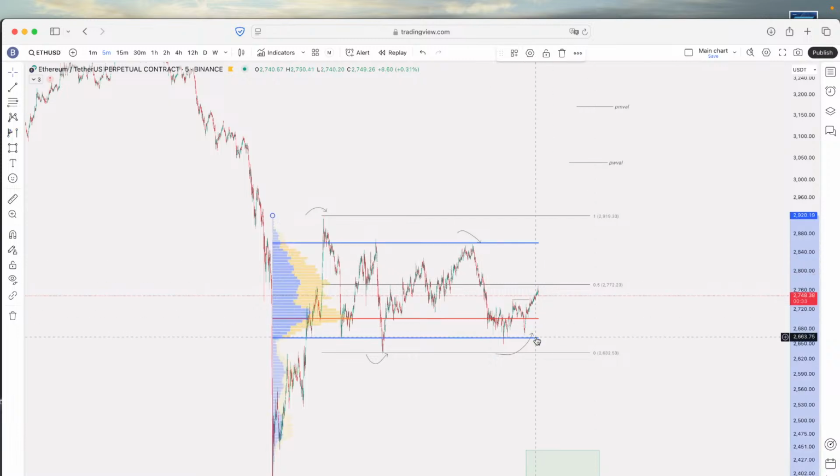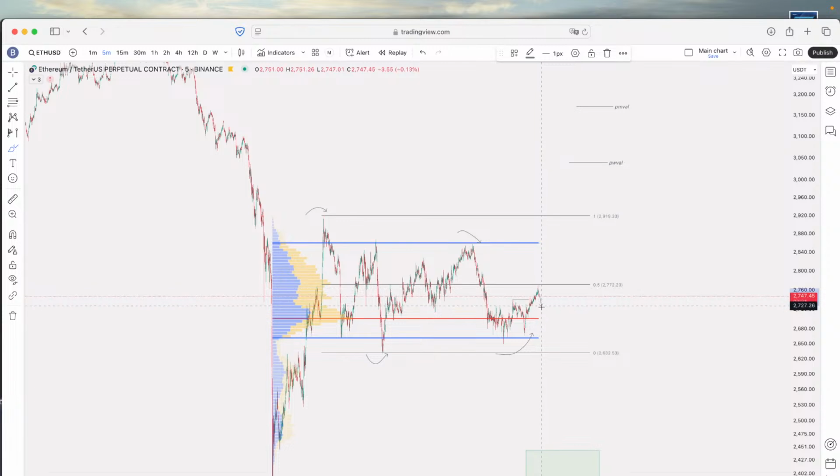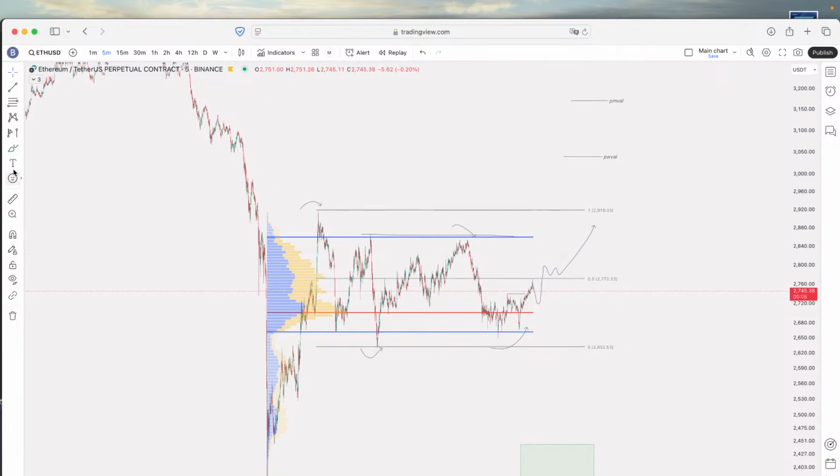And if the price doesn't fall below this level here, 2066, I expect Ethereum, just a second, to target this equal high here, the value area high of this range, and also maybe this level.